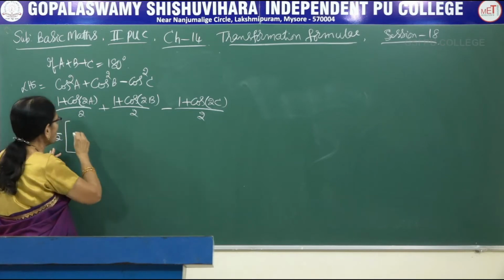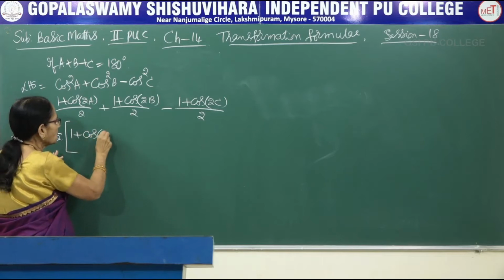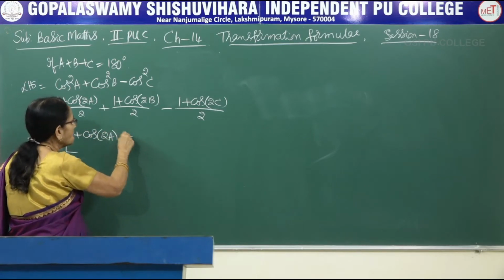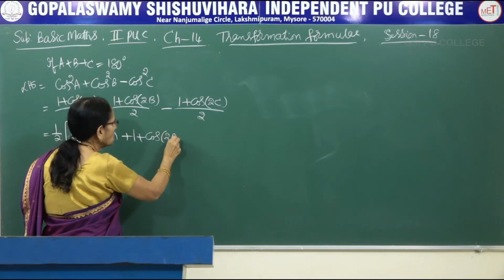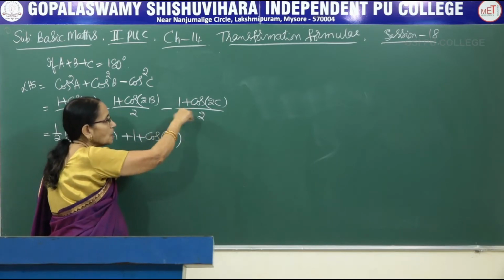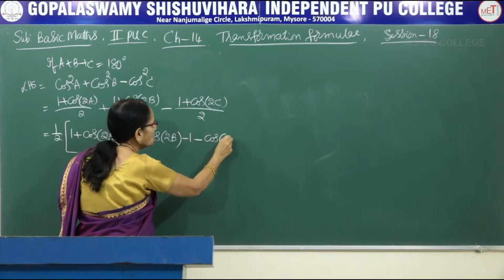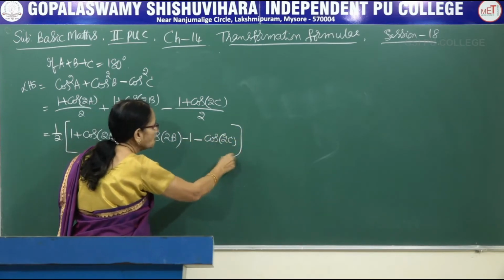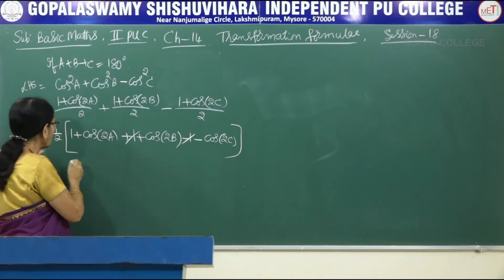1 by 2 you take outside. What is remaining? 1 plus cos of 2A plus 1 plus cos of 2B. Here be careful, minus of this one. So, it is minus 1 minus cos of 2C. Now, clearly you can see plus 1 and minus 1 get cancelled.